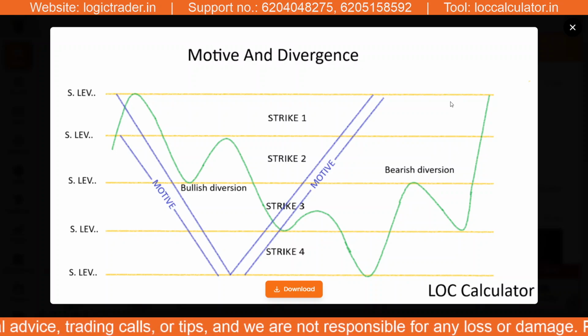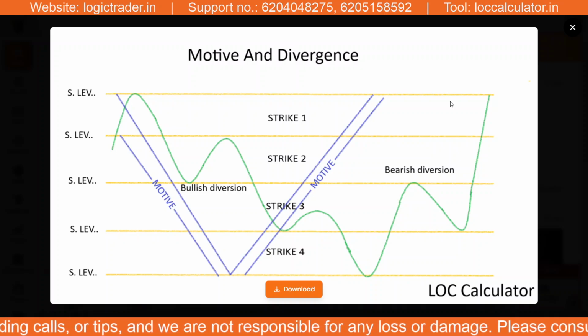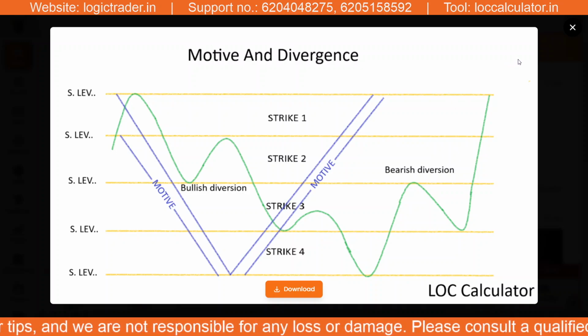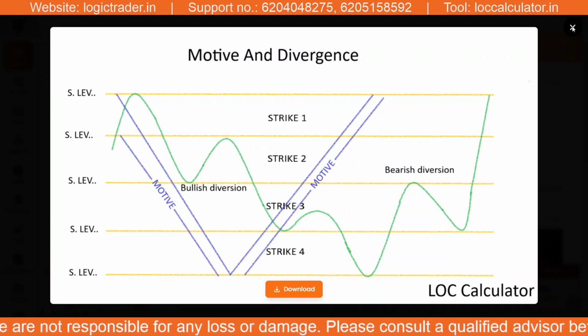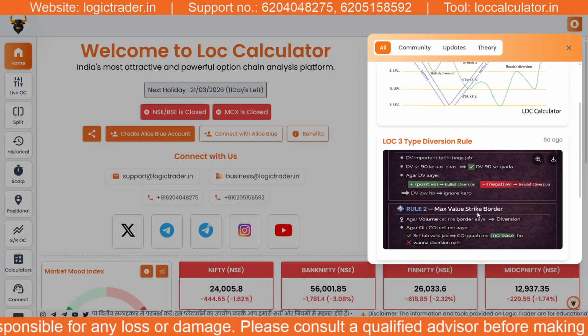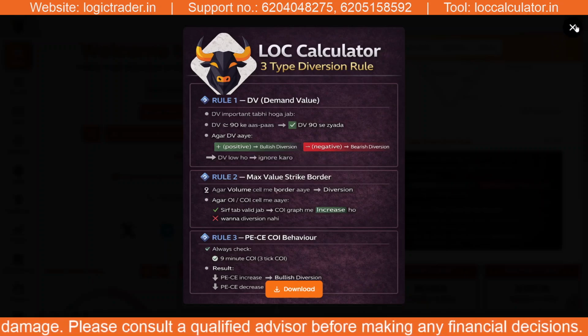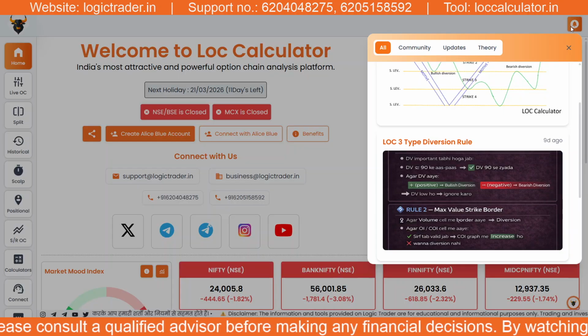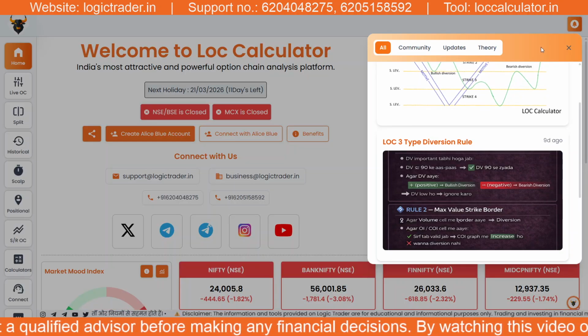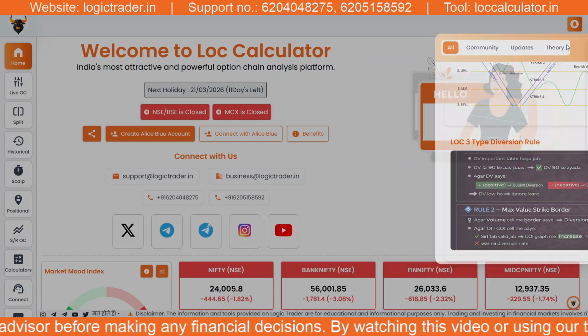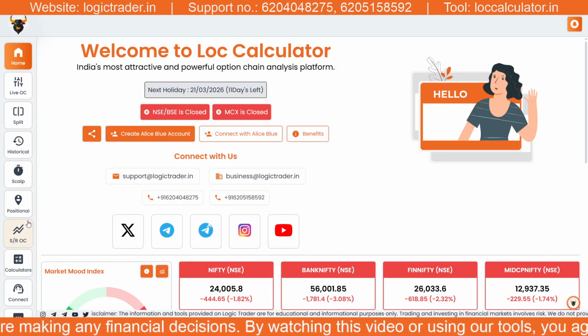Okay, so first let's understand where we can access these three diversion signals. To begin with, the DV, demand value, is an AI based feature.